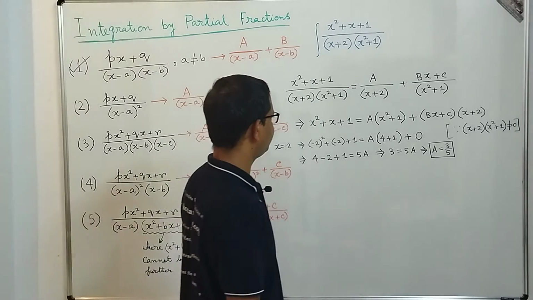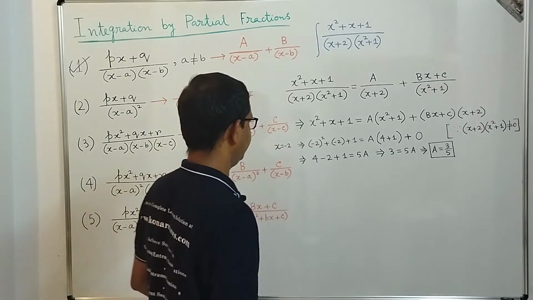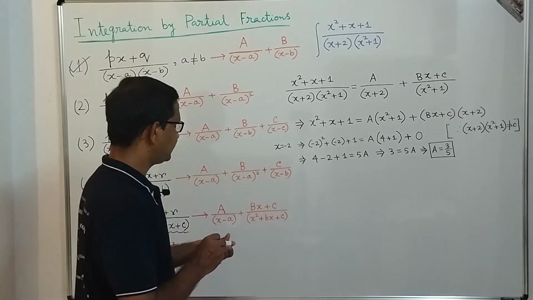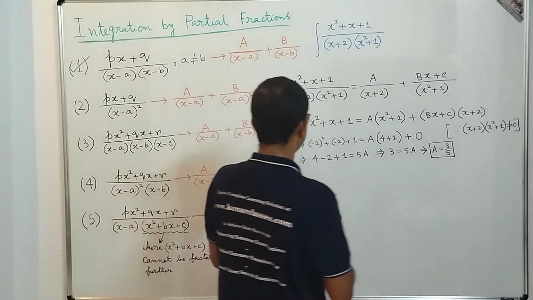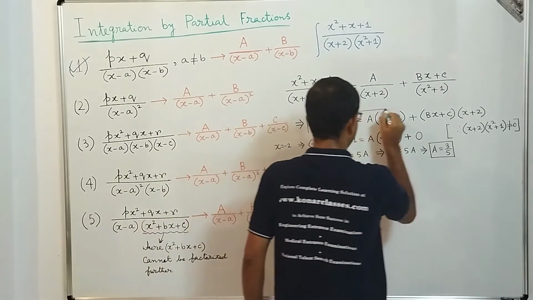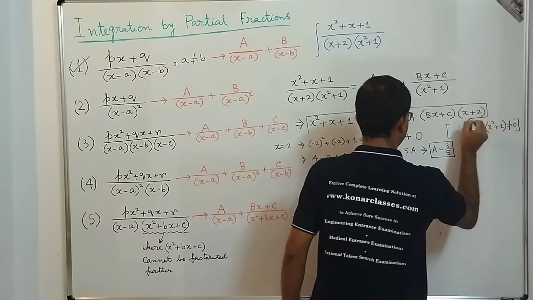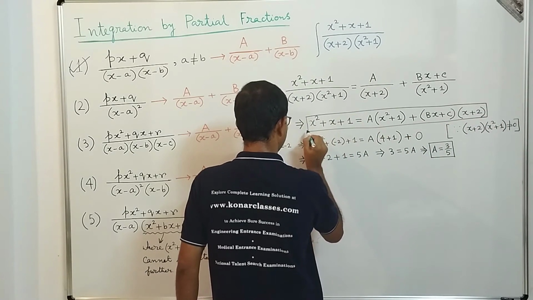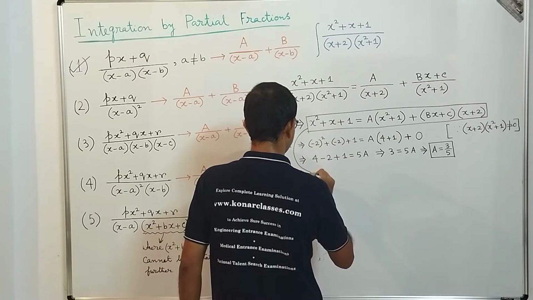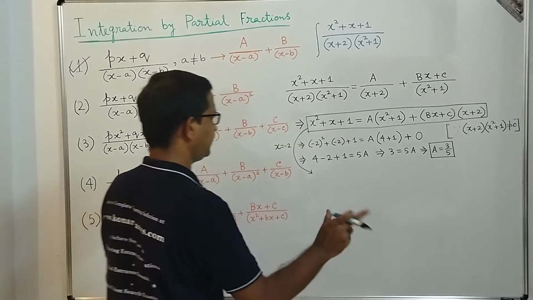Now we are left to find the value of b and c. What we can do, dear students, is look into the identity. Let's process further with this identity just by multiplication.